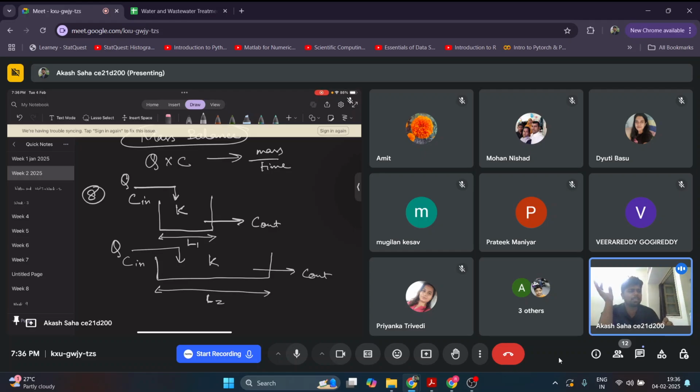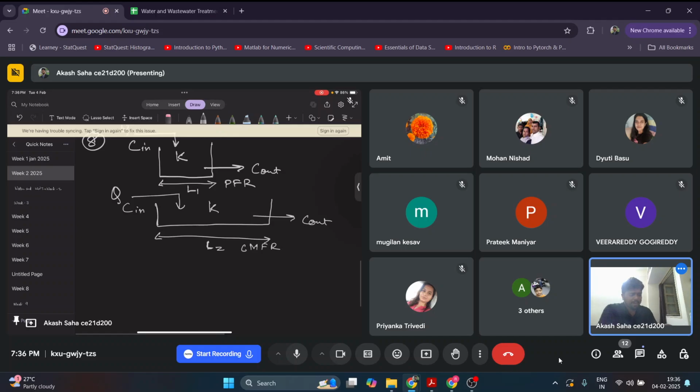We have just discussed that a PFR is more efficient, right? For similar conditions, if it is more efficient, that means the reactor size will be smaller. So if the reactor size is smaller, and I have the same cross-sectional area, the length will be smaller for the PFR. So suppose this L1 is for PFR and this L2 is for CMFR.